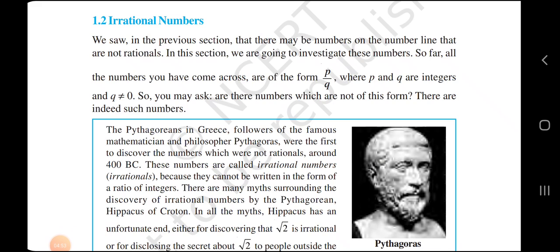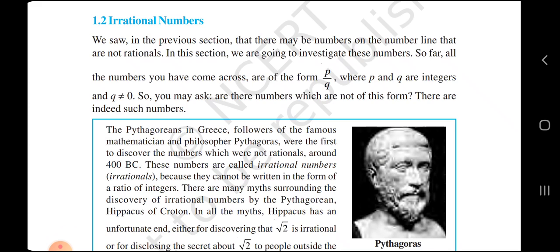Now today we are going to learn about irrational numbers. First, we know that natural numbers start from 1 to infinity and are denoted by capital N. Then whole numbers start from 0 to infinity, 0, 1, 2 up to infinity, and are denoted by capital W. Then we learned that integers are denoted by capital I or capital Z. Integers are 0, 1 to infinity and -1, -2 and so on up to infinity.